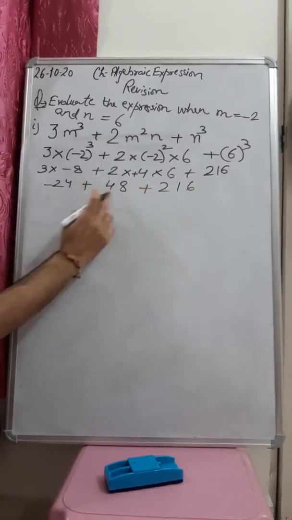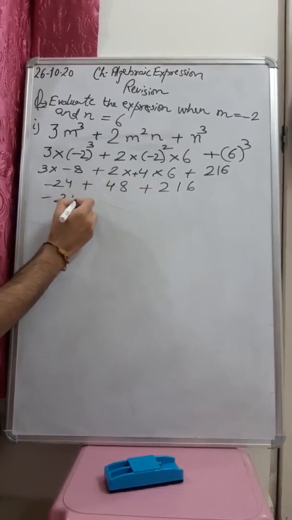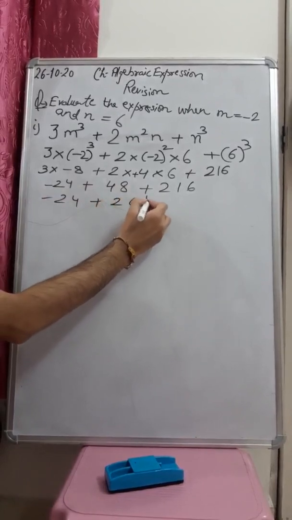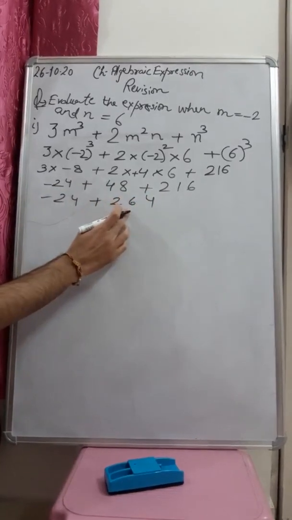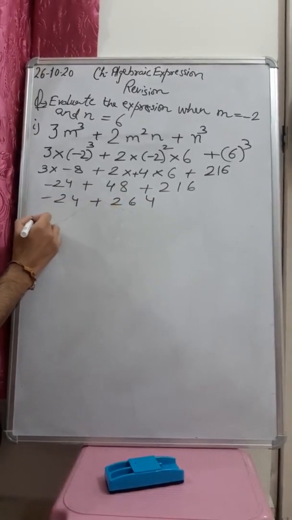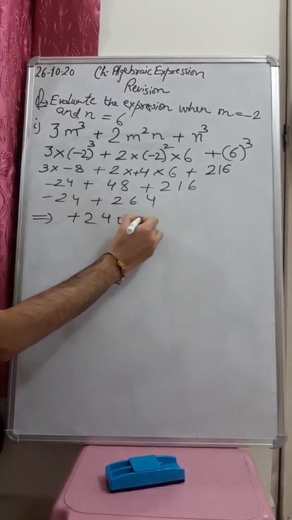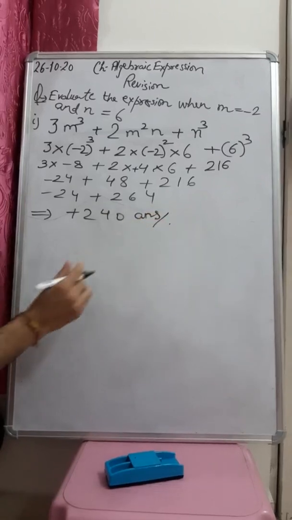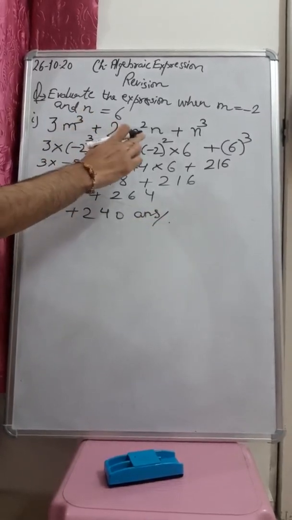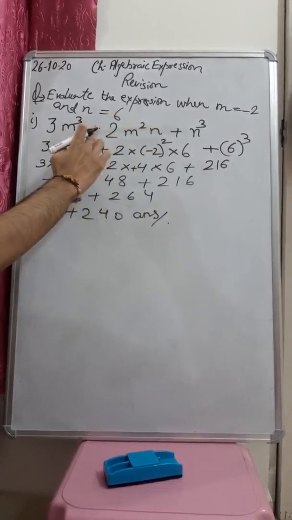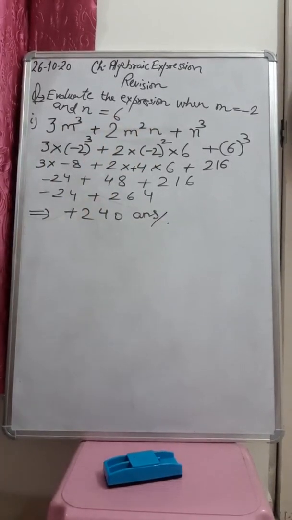These both are in plus, so we will add both of them, we get plus 264, and minus 24, and it will give you plus 240 as the answer. So in this algebraic expression we can substitute the values of m and n, solve it and find the value, that is 240.